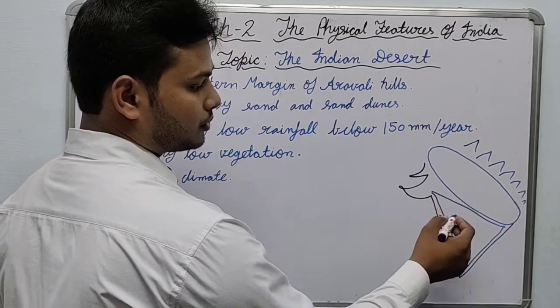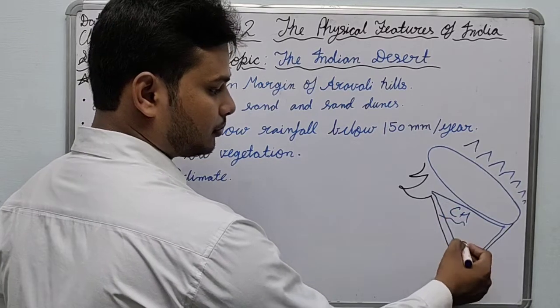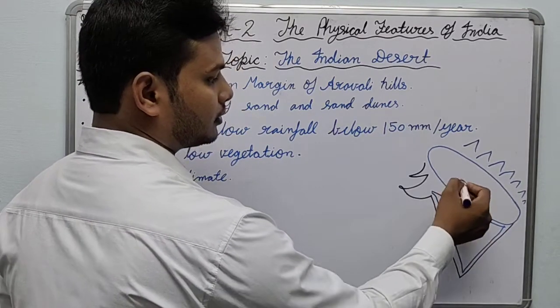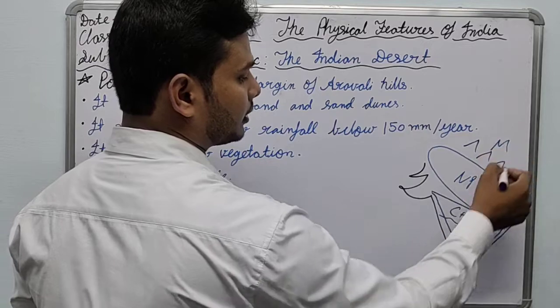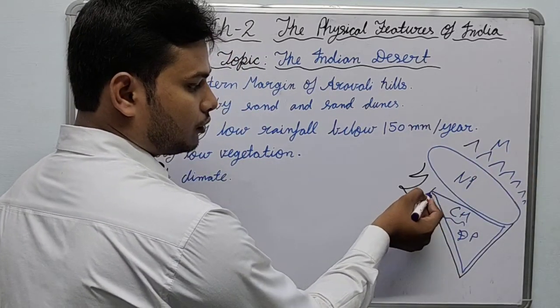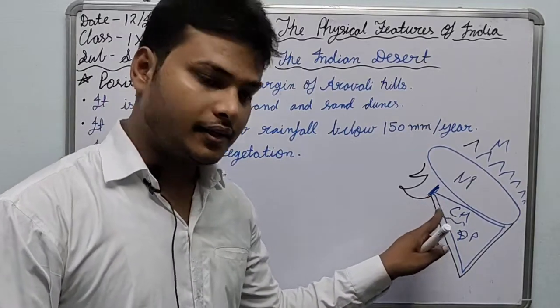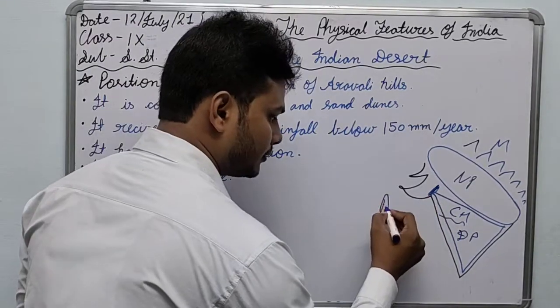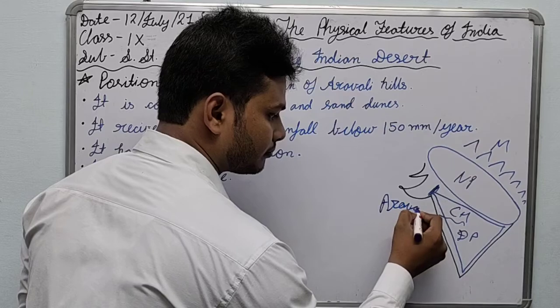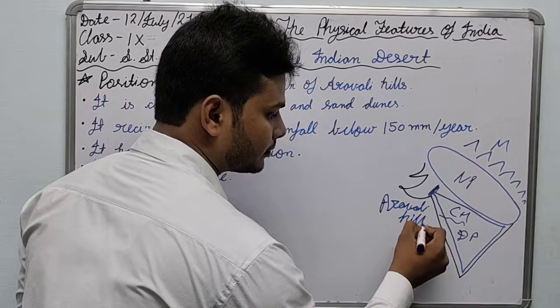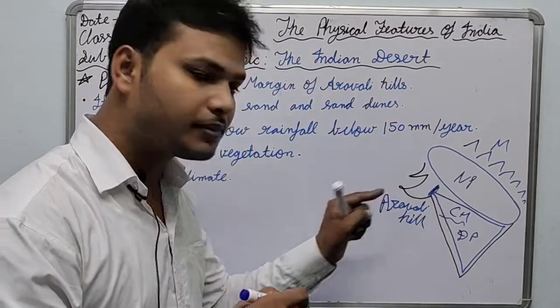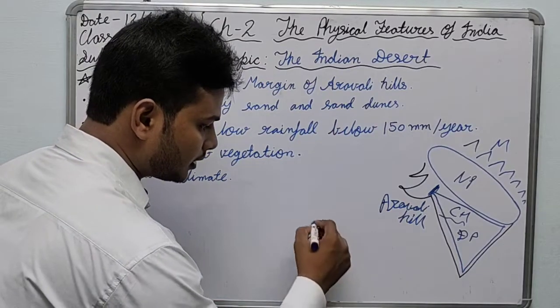The northern portion is known as the Central Highlands, the southern portion is known as the Deccan Plateau. Here in the northwest direction of the Central Highlands there is a range of hills known as the Aravallis.